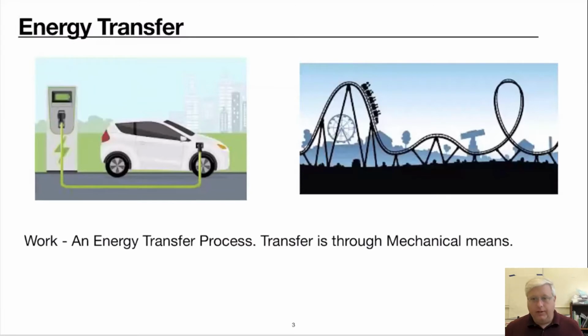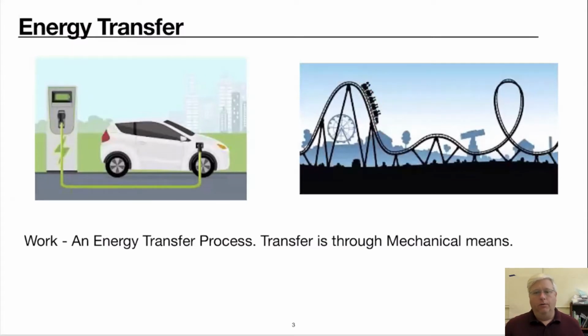Only transferred or transformed. So the total energy that the roller coaster cars would have would remain constant. It would just bounce back and forth between potential and kinetic, if that's all we were isolating and worried about.